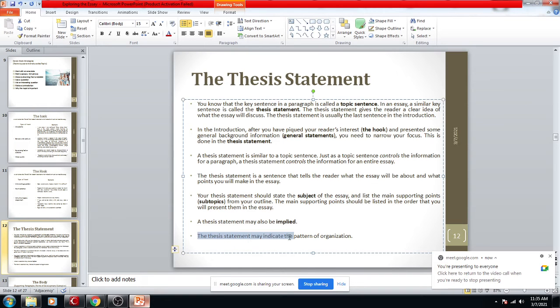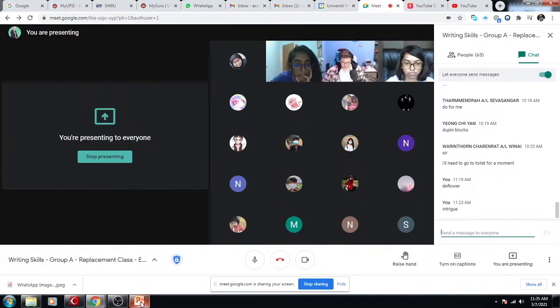The thesis statement may indicate the pattern of organization. Another function of the thesis is that it may also indicate the type or the method of organization the writer is using.